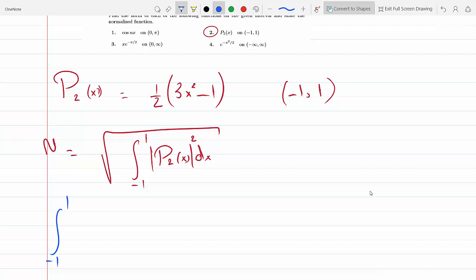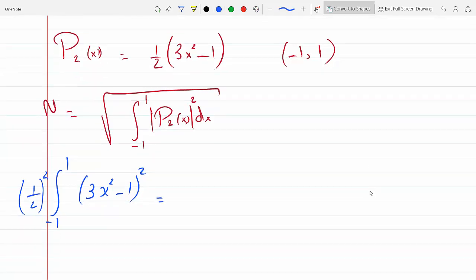So minus 1 to 1, let's square P2 of x. So that's 1/4, let's leave it outside, times 3x squared minus 1 squared. So this technically was 1 half squared. To find the norm, I'll find the norm squared and then square root it. And if I do that, I will get 1/4.